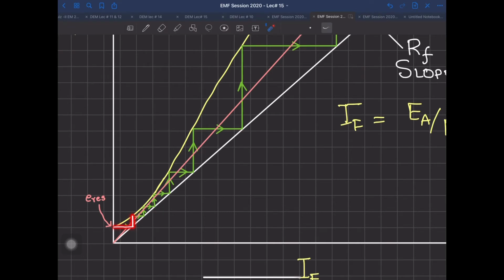Because of that EA, you will have another increase in the field current, and then another increase in your EA, because this yellow line is the EA and the white line is the slope of the field resistance. This staircase increase will continue until it reaches the maximum over here.